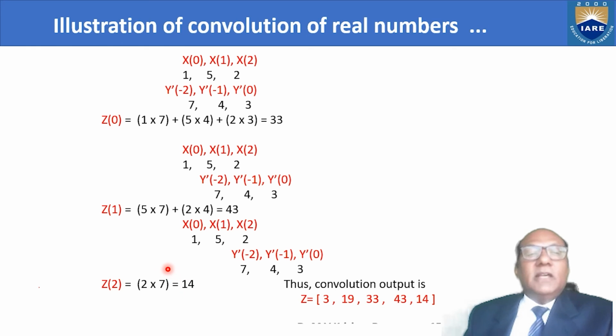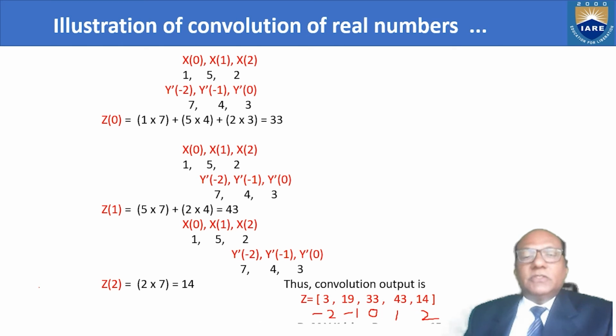So thus, if I start here, the starting z of minus 2, minus 1, 0, k equal to 1, k equal to 2. I mean shift basically. So I can say that this is shift equal to 0 here, shift equal to minus 1 here, shift equal to minus 2 here, and shift equal to plus 1, and for a shift of 2 I got 14.